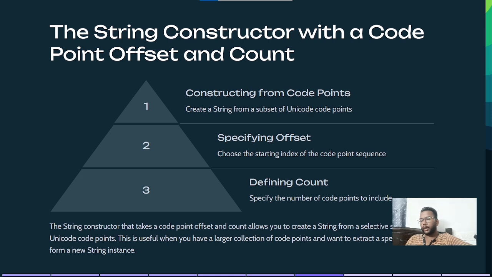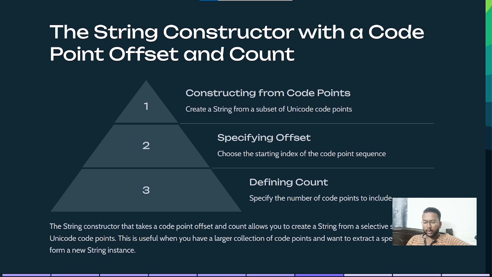The string constructor with a code point offset and count. Constructing from code points: create a string from a subset of Unicode code points by specifying offsets. Choose the starting index of the code point sequence, and define the count: specify the number of code points to include.